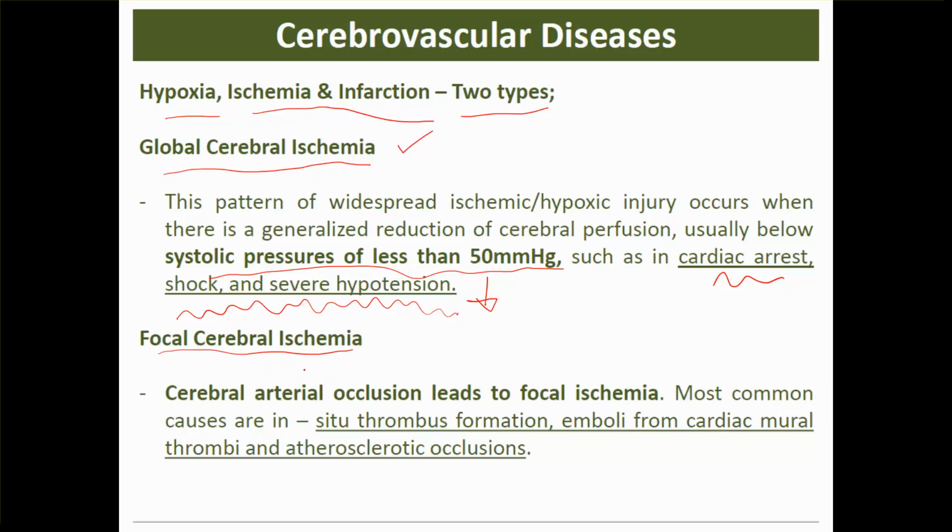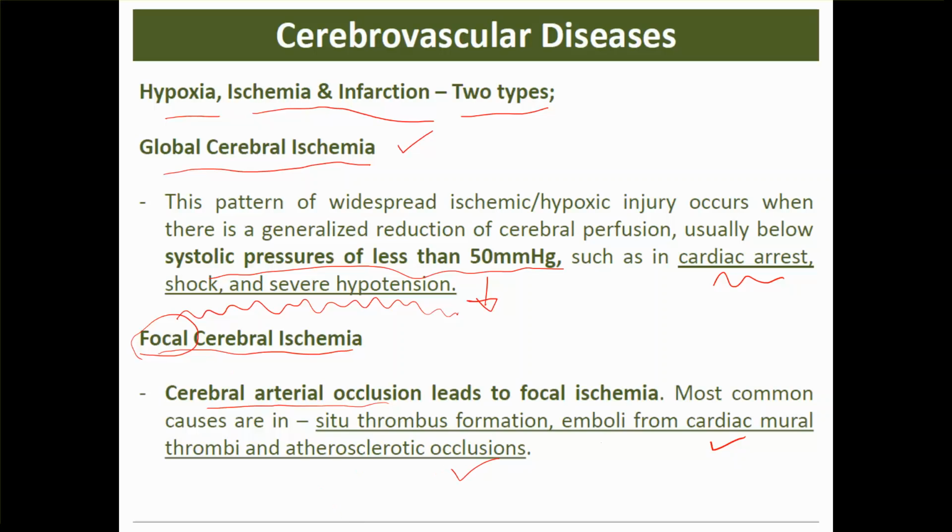The focal cerebral ischemia is cerebral arterial occlusion which leads to focal ischemia. Most commonly, causes are in situ thrombus formation, or emboli from the cardiac mural thrombi, and atherosclerotic occlusions.